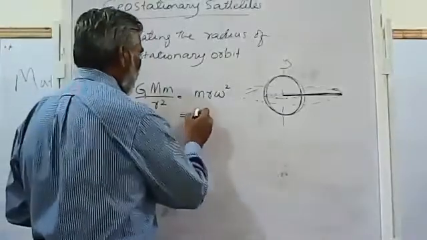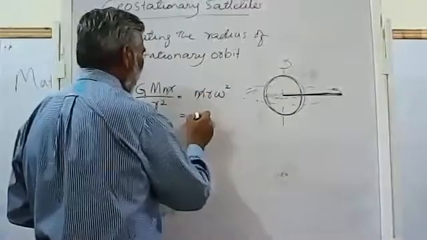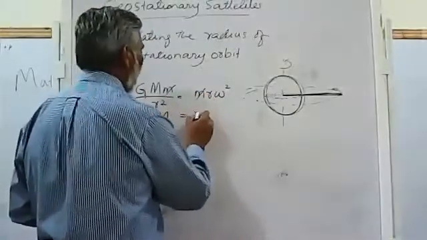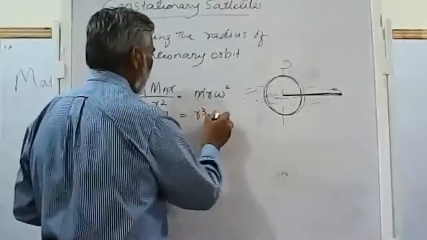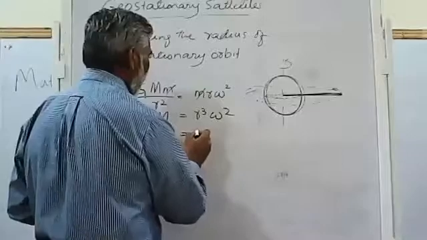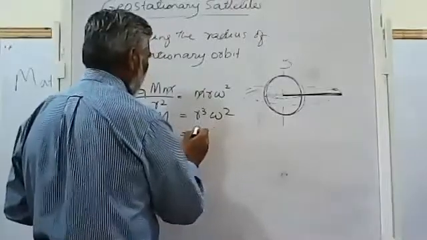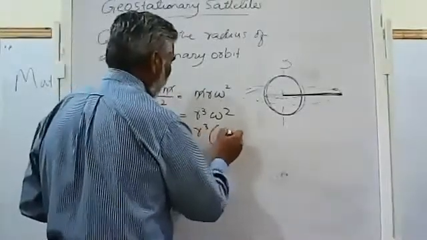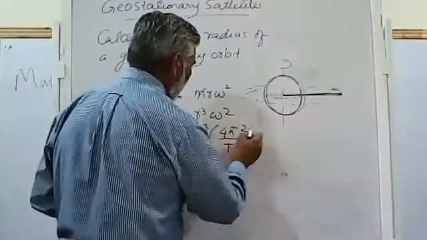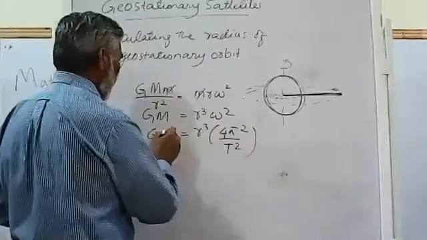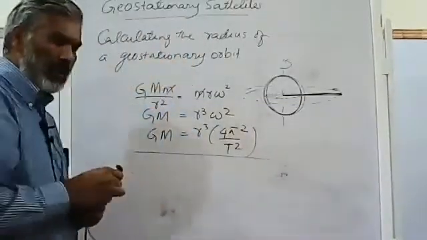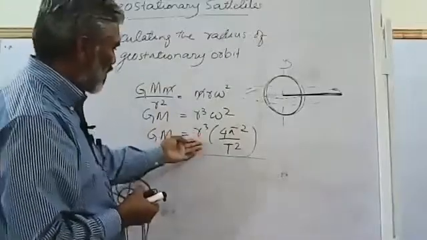And if I quickly simplify it, this will get cancelled. GM will be R cube times omega square, and omega square is 4 pi square over T square. This is the expression that we use to calculate the radius of the geostationary orbit.